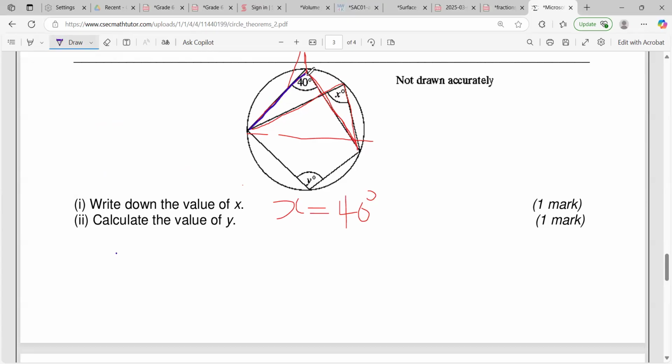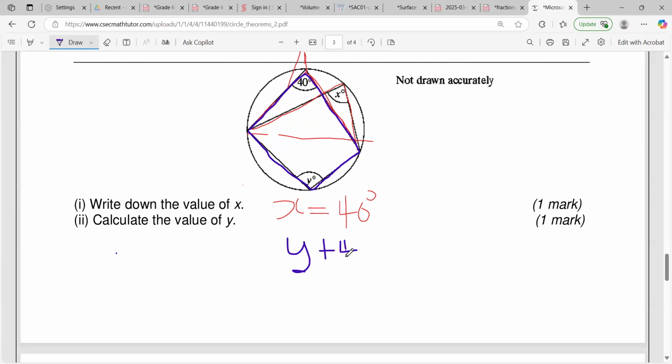The one here I'm going to put in blue. That's the easiest way to figure it out, I think. Isn't this a cyclic quadrilateral? Because look, it's four-sided, and all the vertices are on the circumference. So wouldn't it just be y plus 40 equals 180?